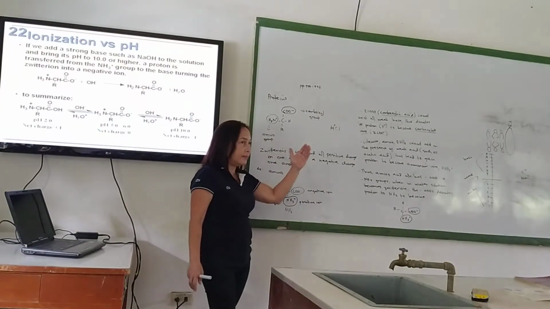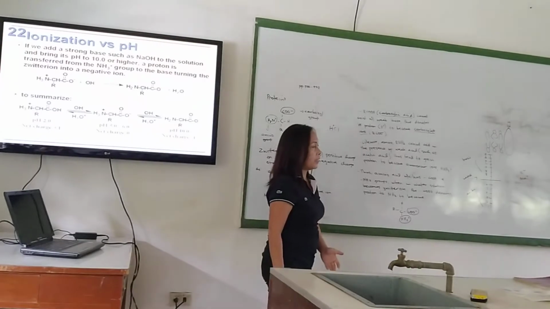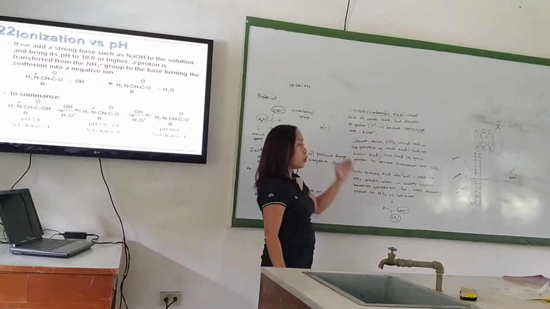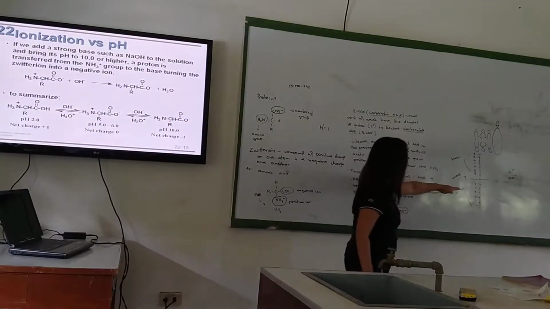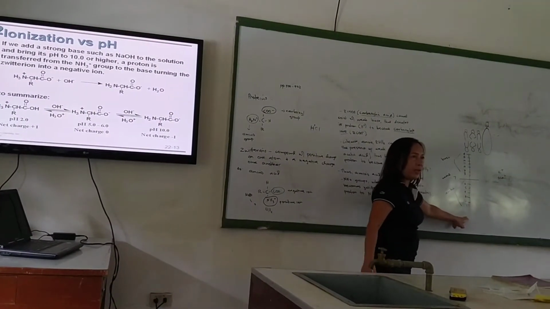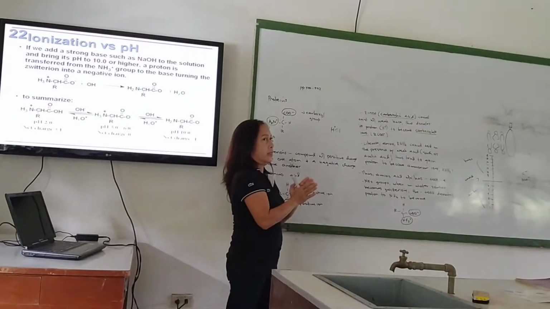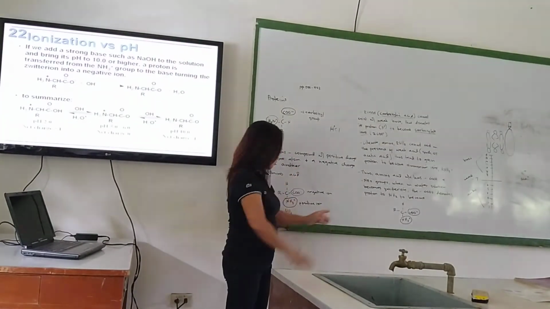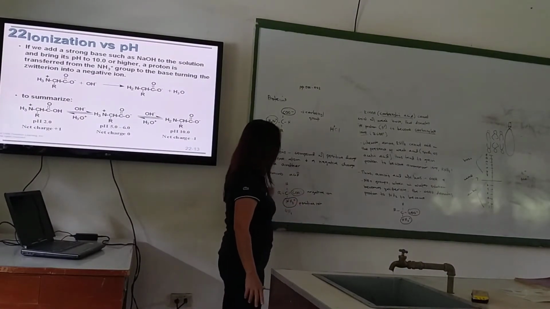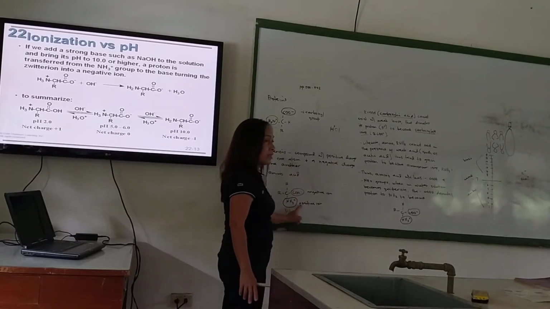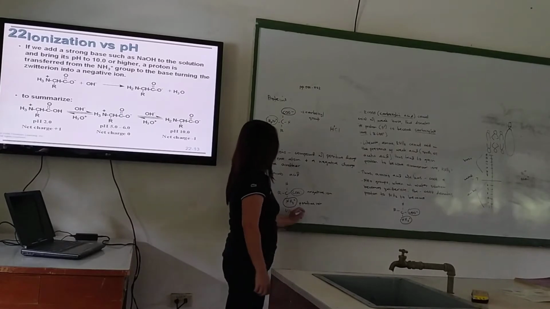But if you add acid, like hydrochloric acid, such that the pH goes to 2.0 or lower, very acidic, the proton of the acid is donated to the carboxyl group, such that the overall charge of the amino acid is positive 1. Okay? So it becomes positive 1.